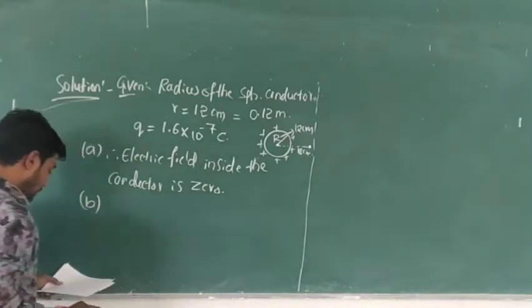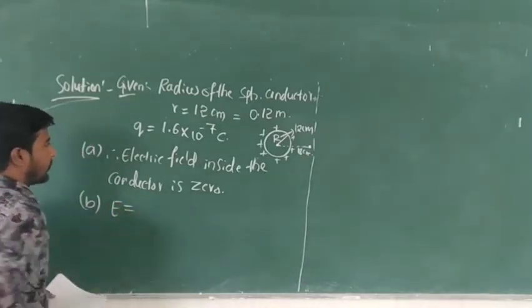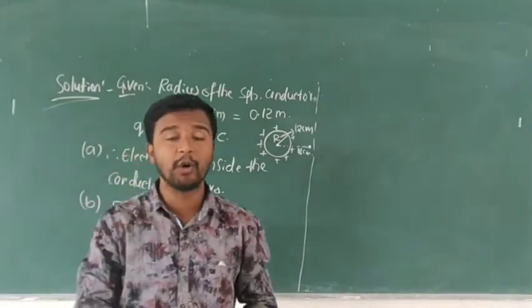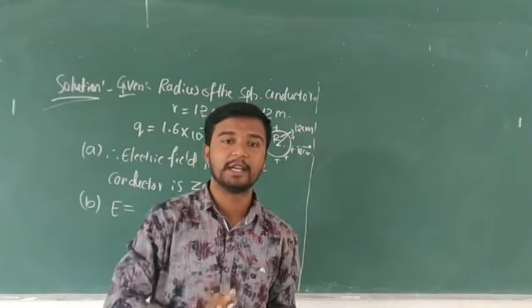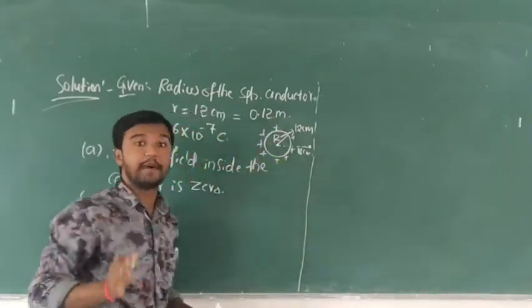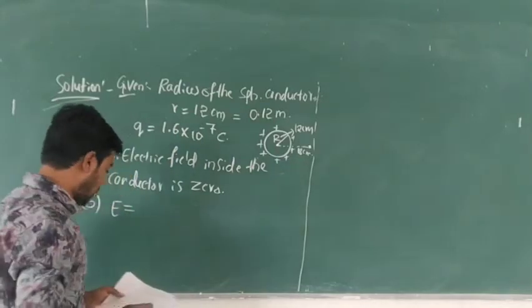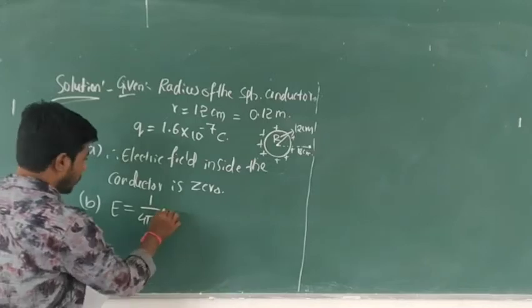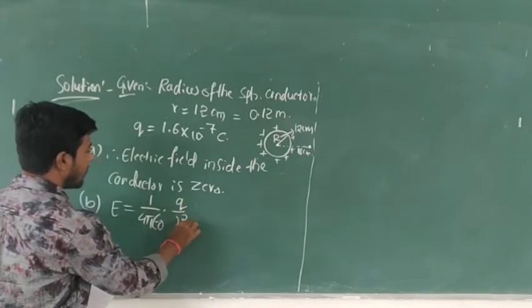So now we have the relation for the electric field outside the spherical conductor: E equal to 1 upon 4 pi epsilon naught into Q by R square.